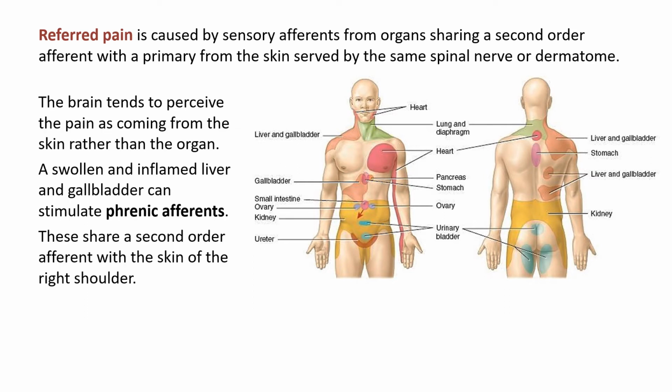The brain, of course, will then tend to perceive the pain as coming from the skin rather than the organ. In terms of the liver, as we said, or the gallbladder, it can stimulate the phrenic afferents of the diaphragm. These then share a second order afferent with the skin of the right shoulder.